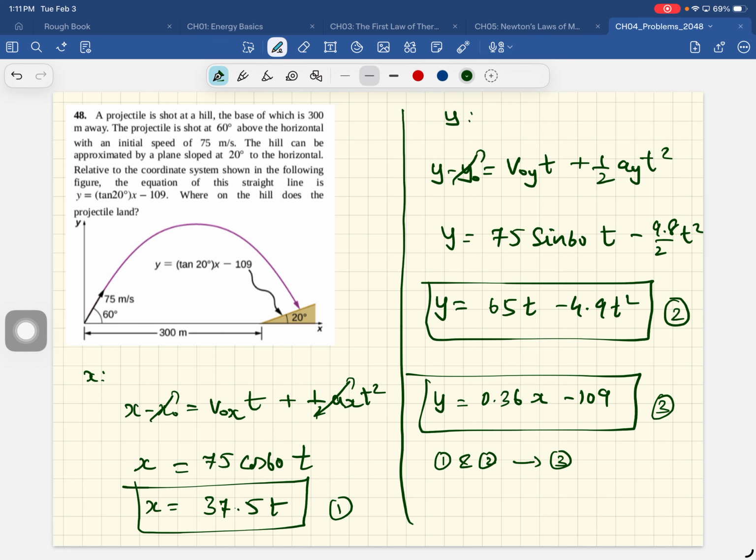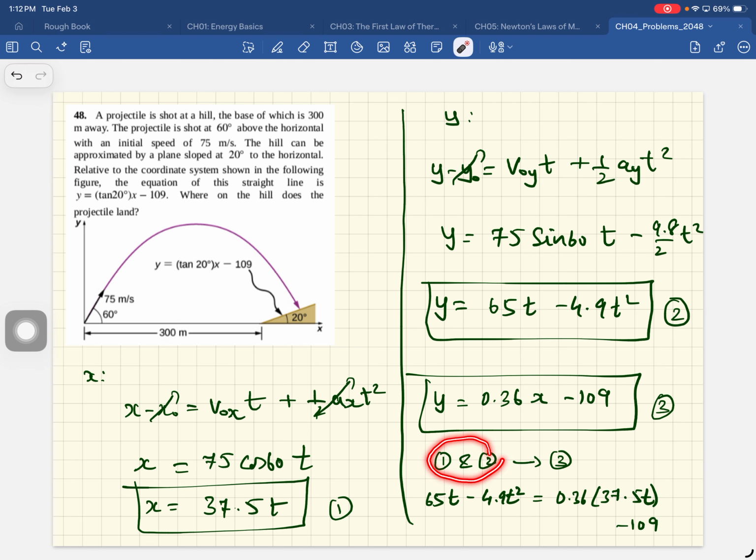So y is 65t minus 4.9 t squared equal to 0.36 times x, where x is 37.5 t, minus 109. So you guys see this by putting the information from 1 and 2 into 3. Now we have a one variable equation, and we can solve this. Okay?